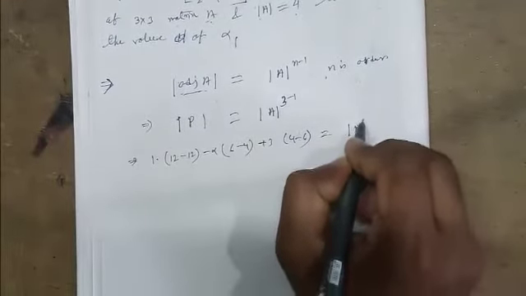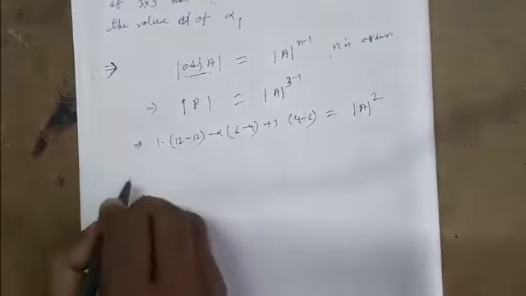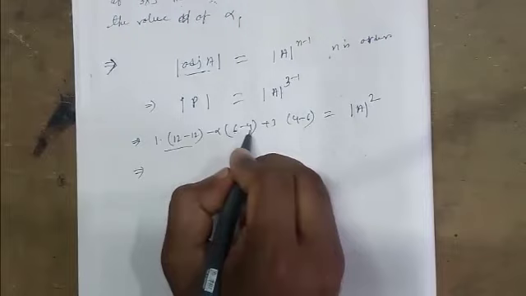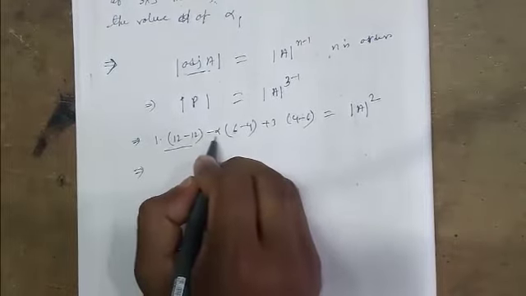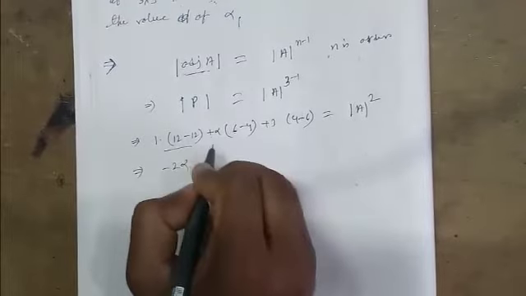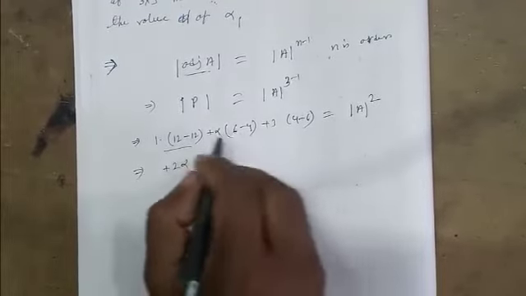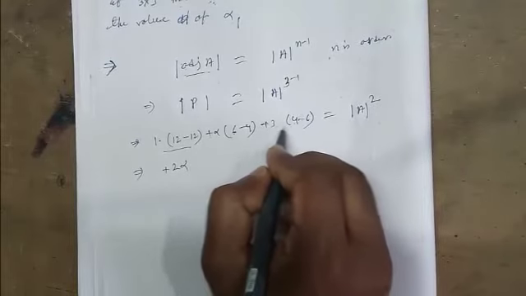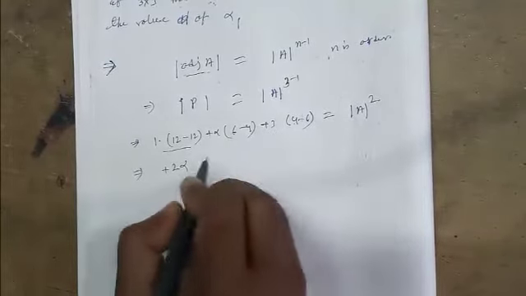determinant A whole to the power 2. Here it is 0. 6 minus 4 means 2, minus 2 alpha. It will be plus 2 alpha. Here 4 minus 6 means minus 2, and minus 2 into 3 means minus 6.